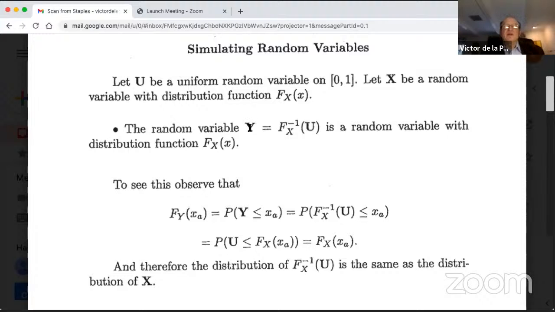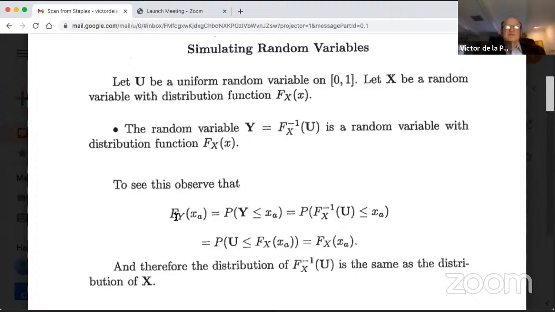The claim is that the random variable y has the distribution F x. It's an easy thing to see, but you can start with uniform variables, and from that generate any distribution function that you want.